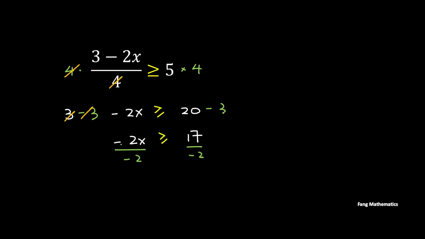On the left-hand side, I believe your -2 gets eliminated, leaving you x. So x on the right. So you should get -17/2. And now the most important part is here, since you are dividing by a negative number, so you are to reverse the sign. So the greater than or equal to changes to smaller than or equal to.